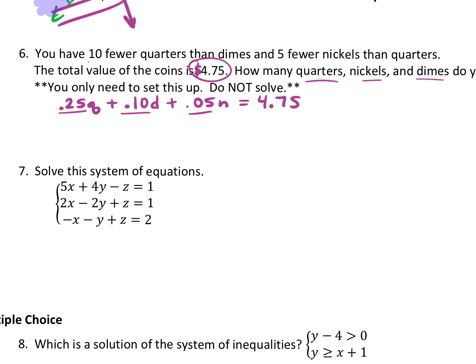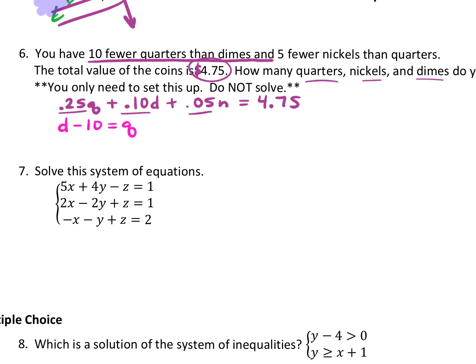And then you have 10 fewer quarters than dimes. 10 fewer quarters than dimes would be, the way I would do it, the amount of dimes minus 10 would be the number of quarters you have. That would probably be the way I would set it up.